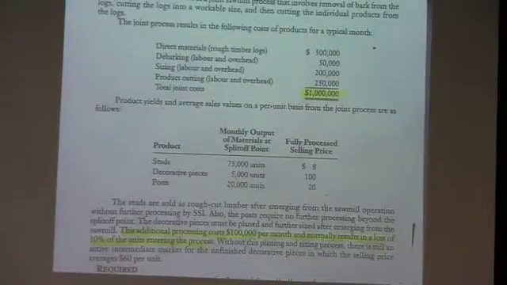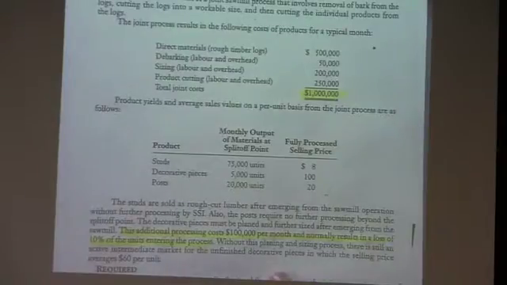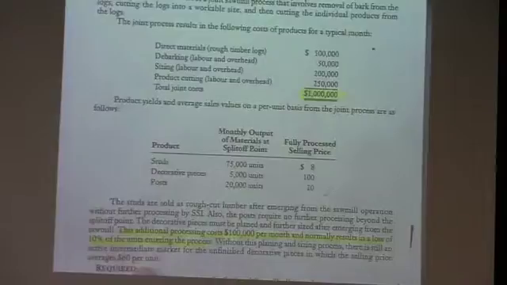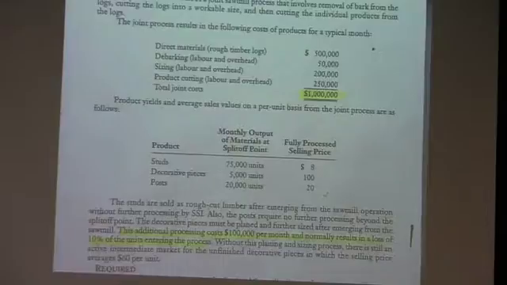Without this planing and sizing process, there is still an active intermediate market for the unfinished decorative pieces, for which the selling price is $60. So let's do a diagram to highlight these facts, because I like to be able to visualize the components or the process and what costs are joint and what are the separable costs. So let's do that here, and then we'll come back to the question.